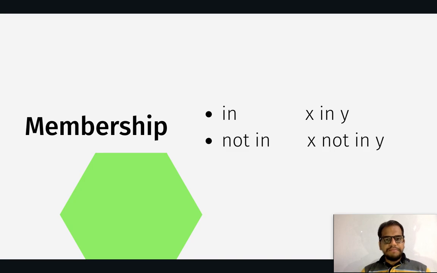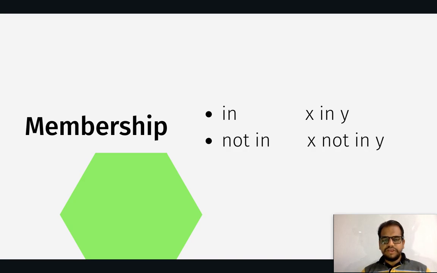Similarly, membership operators: in, not in. Suppose we have a list that has some values, and x is our string. If that list has the string, then it will be true, otherwise false.